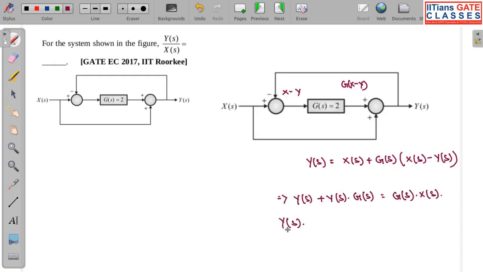So Ys by Xs is equal to G divided by 1 plus G. So G over here is 2. So this is 2 by 3. So your answer is 0.67. Okay. The answer to this question is 2 by 3. That is 0.67. Very simple.